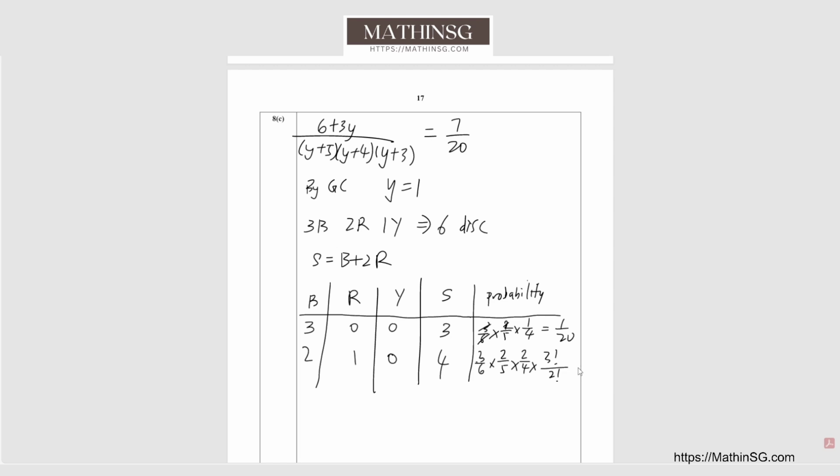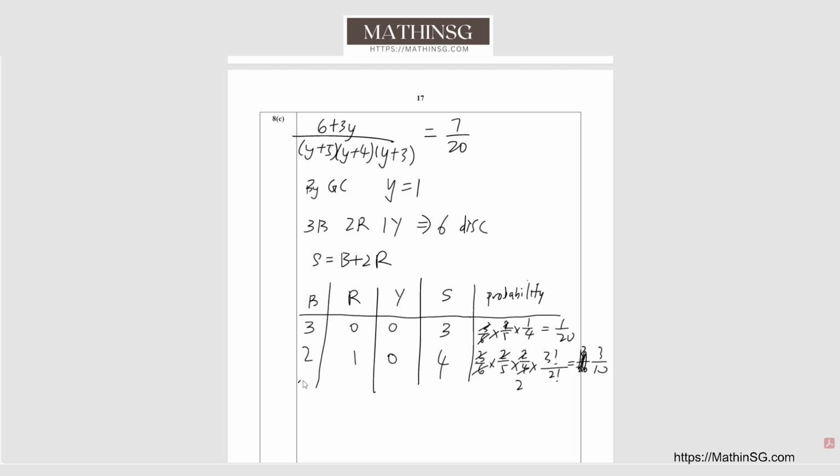This gives a value of 3 over 10. Again, I can cancel this, then 3 factorial over 2 factorial is 3, and this one is 2, so it's 3 over 10.